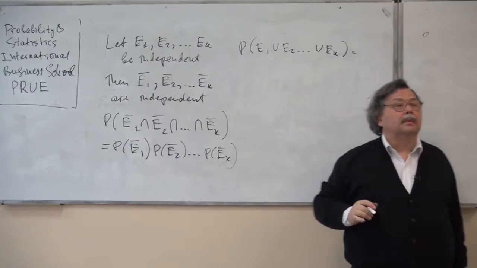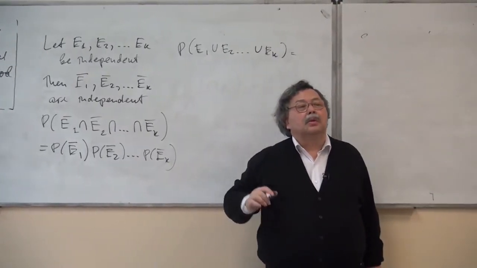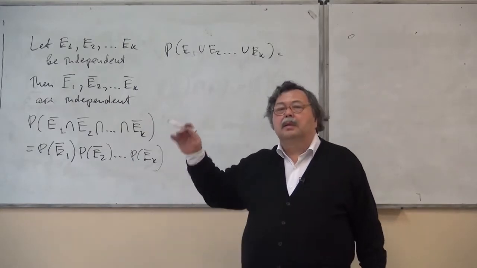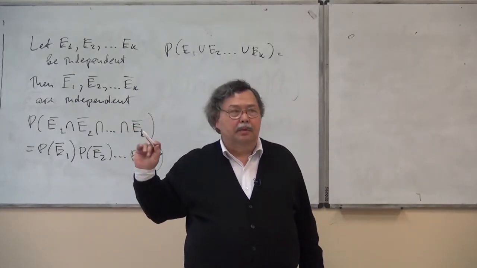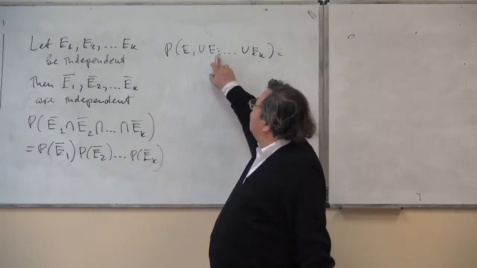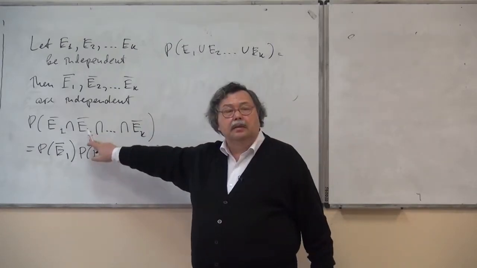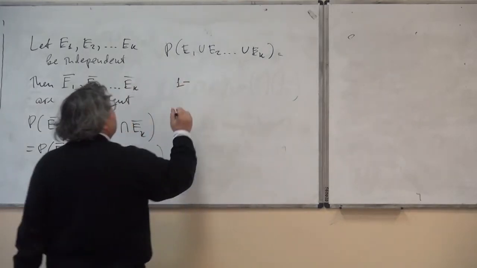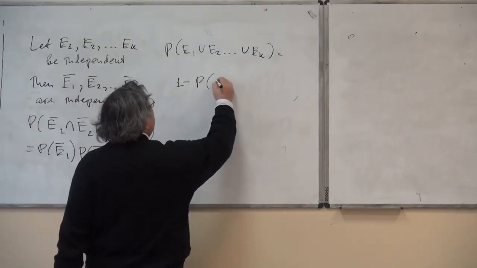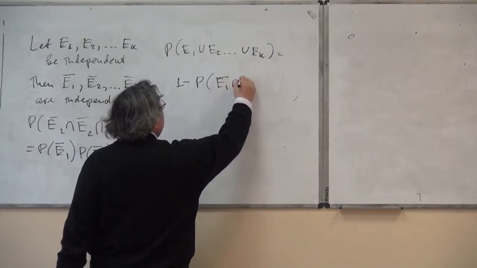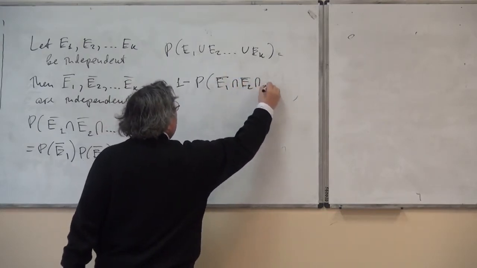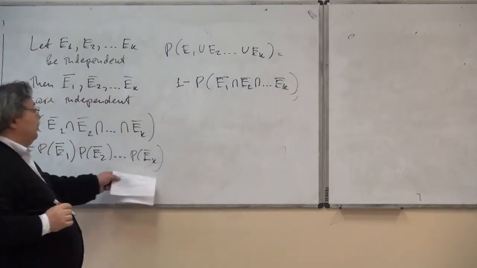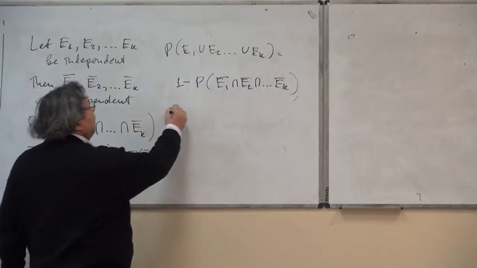What is the complement to at least one of them occurring? The complement is that none of them occurs. Do you get this? So, because these two are complements, we can compute it this way. And substituting this expression, we get this final formula.